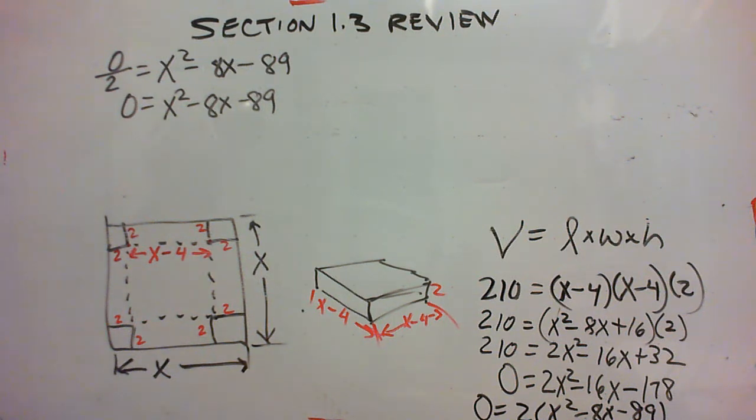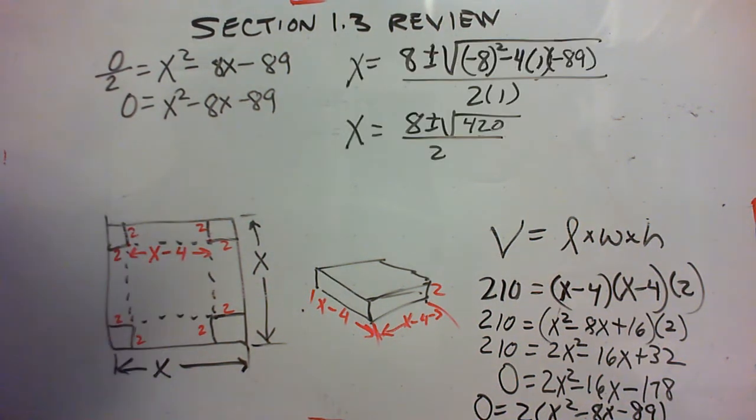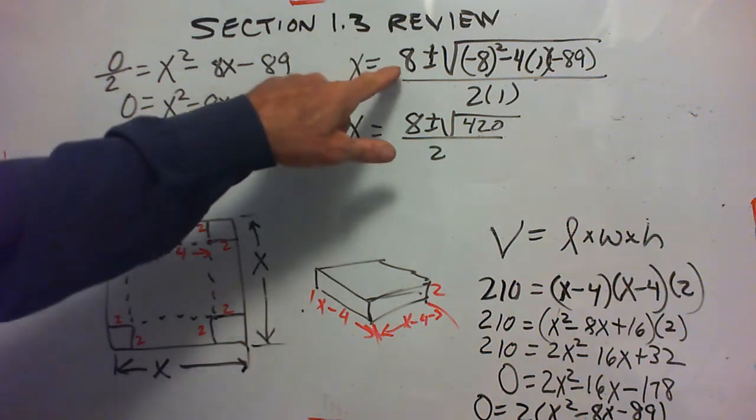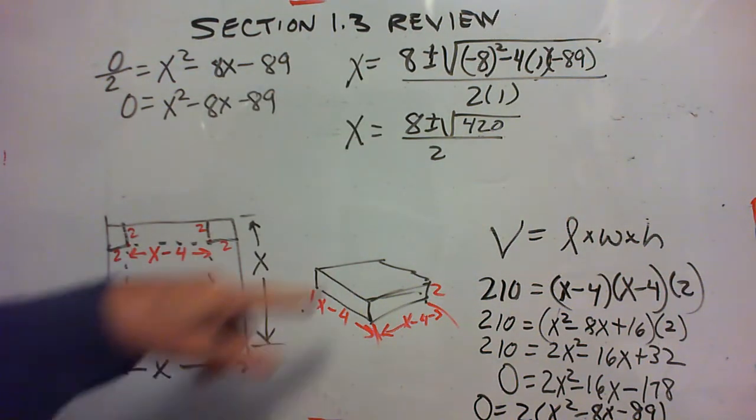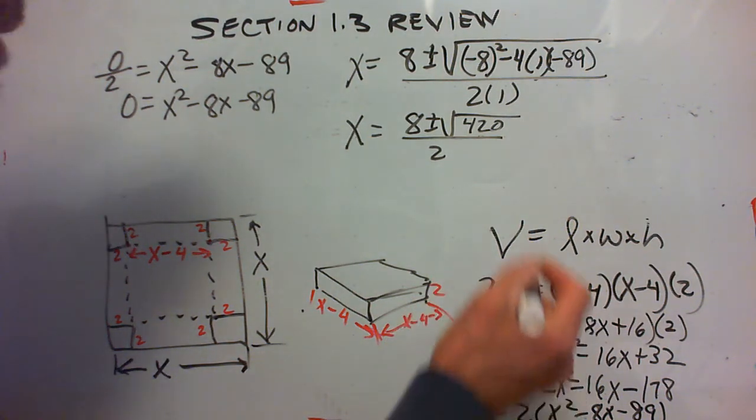And I can tell you that's not going to factor. And so that leaves completing the square or using the quadratic formula. And we're wanting a decimal answer here, so it's probably best to just use the quadratic formula. So when we plug into the quadratic formula and simplify, we get x equals 8 plus or minus the square root of 420 over 2.